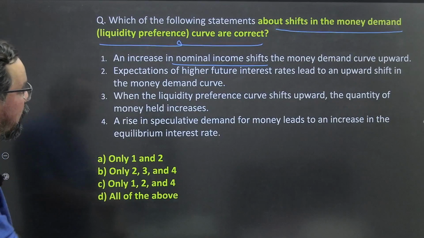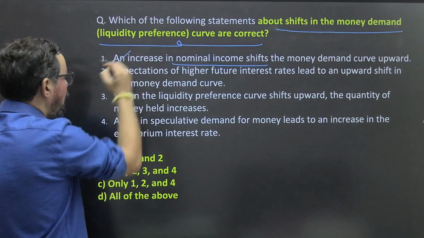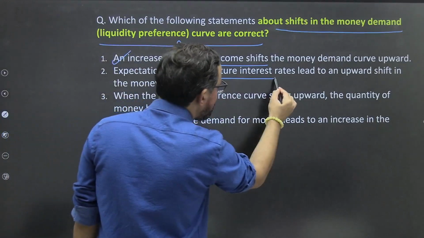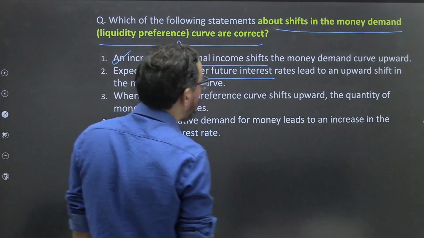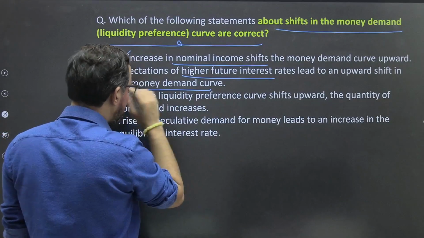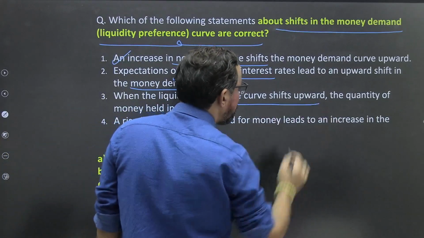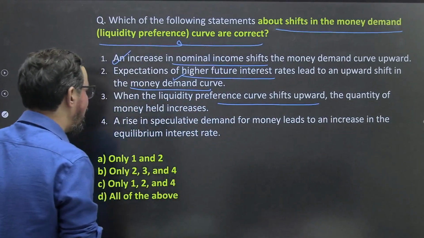True. Expectation of a higher future interest rate leads to an upward shift in the money demand curve. This is also true. When the liquidity preference curve shifts upward, the quantity of money held increases.